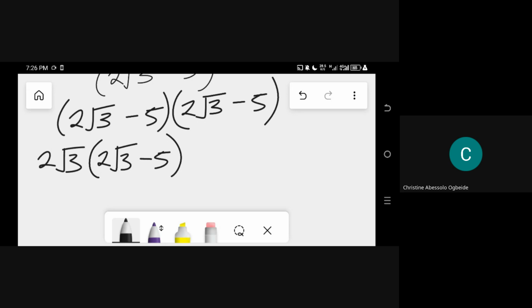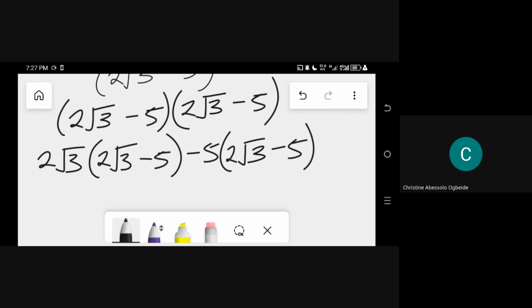Then there is minus 5 again. You now say minus 5, we also do the same thing, multiplying the second bracket. So this is how you expand brackets, even when you're dealing with expansion of expressions, or if you come across it in equations. 2 root 3 in the first bracket, multiplying the second bracket.